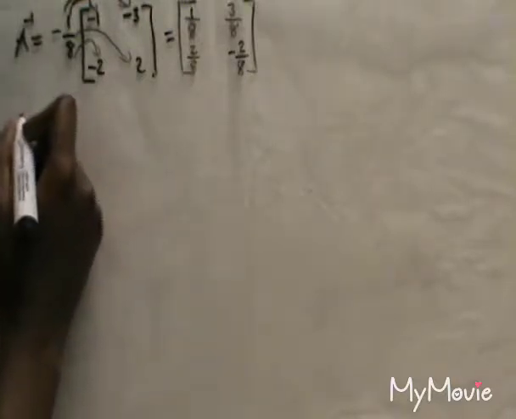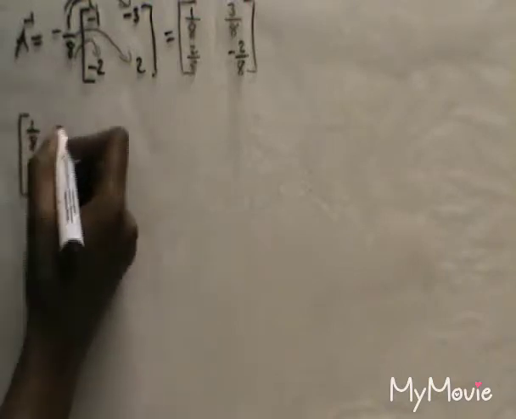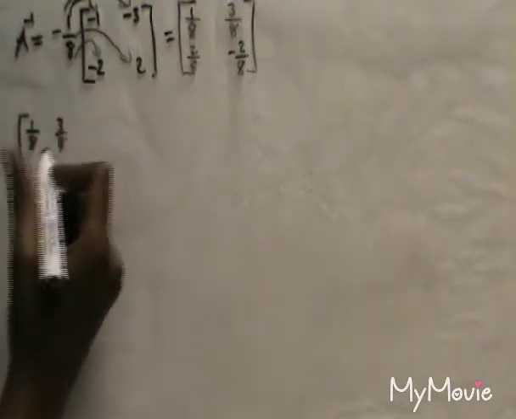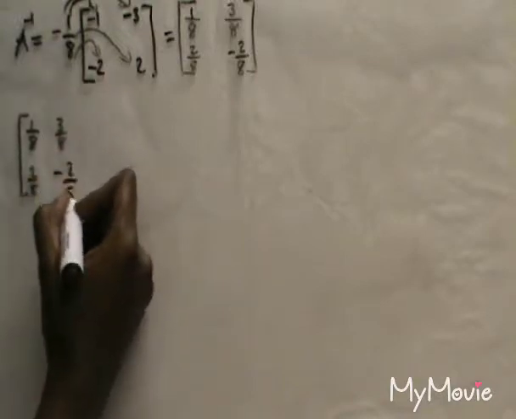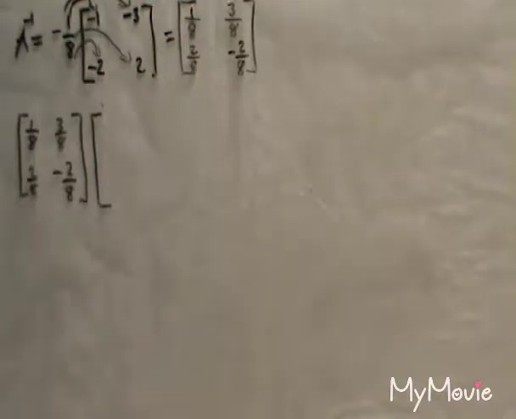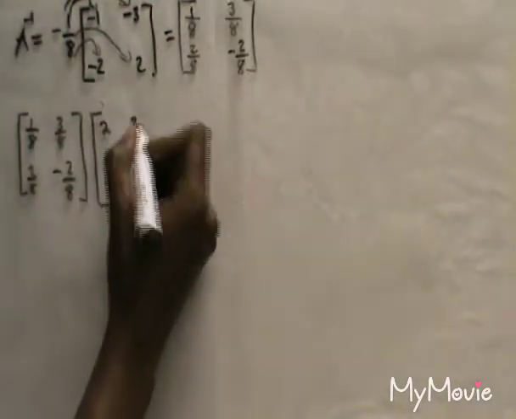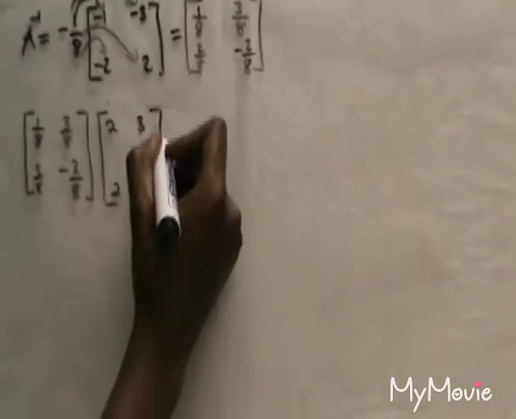A inverse will go over here. I will have 1 over 8, 3 over 8, 2 over 8, and then minus 2 over 8. And then my matrix A, it's 2, 3, 2, and minus 1.